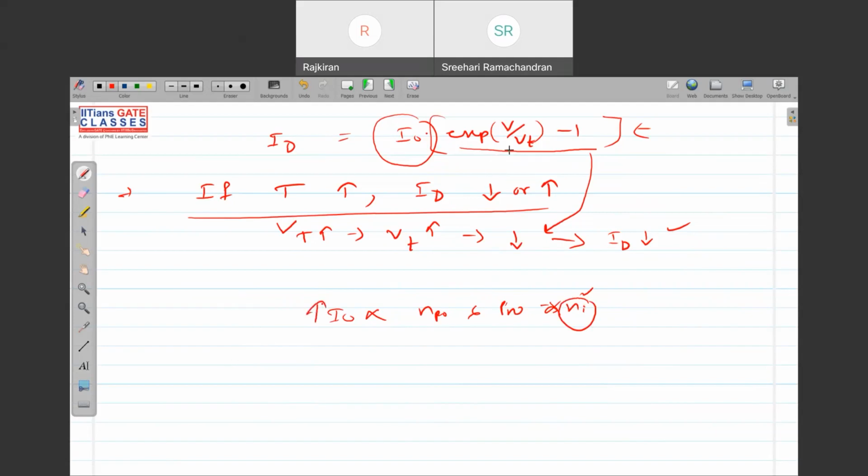The decrease in the second part is much less than this increase in I0. So the net current ID will increase.